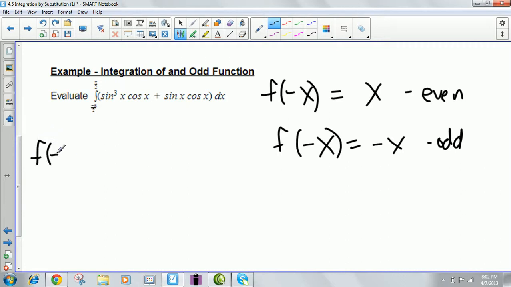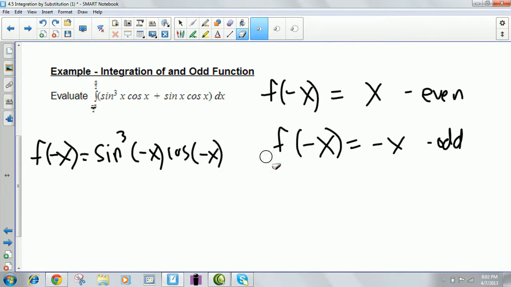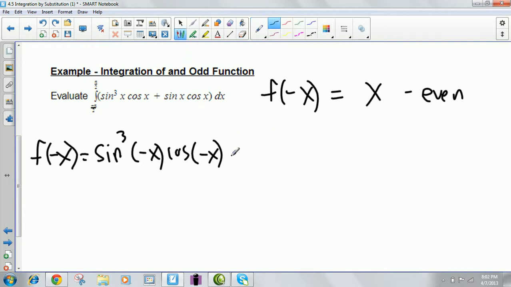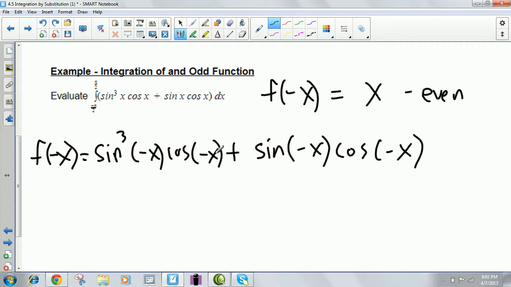If we plug a negative value, that means you would have sine to the third of negative x times cosine of negative x, plus sine of negative x times cosine of negative x. So now just go through and try to figure out whether your outcome is going to be positive or negative.